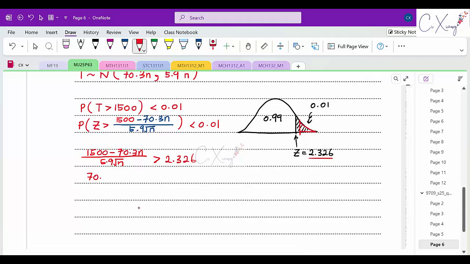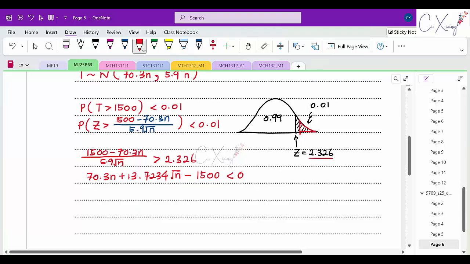I will have 7.3n plus 2.326 multiplied by 5.9, which gives 13.7234 square root n, then minus 1500, and it is smaller than 0.